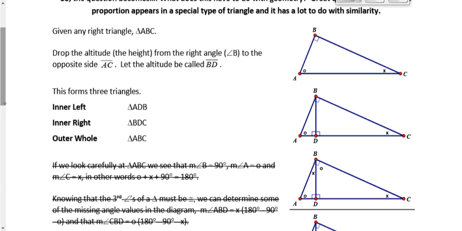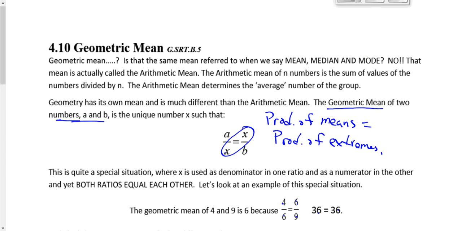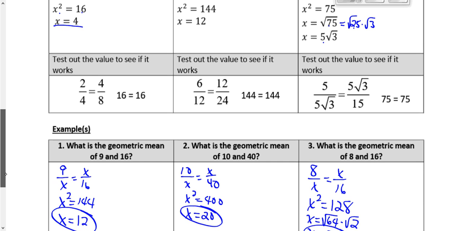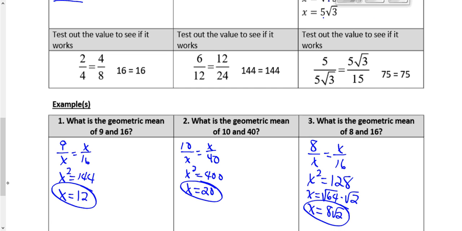So if all 3 of them are similar, what can you tell me about all their corresponding side lengths? They are in proportion. What does the geometric mean? That's the proportion that we get from those right triangles.